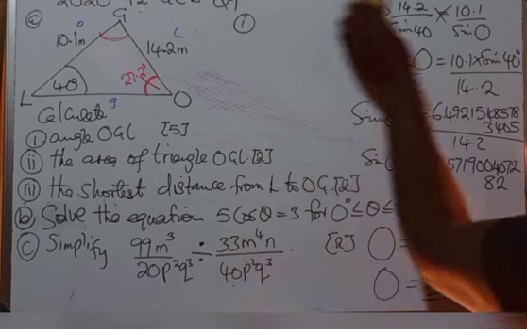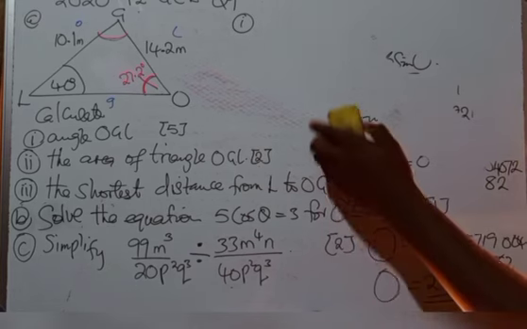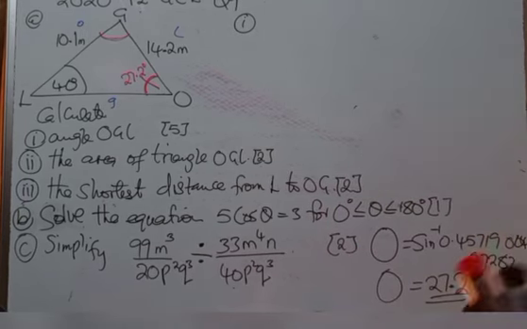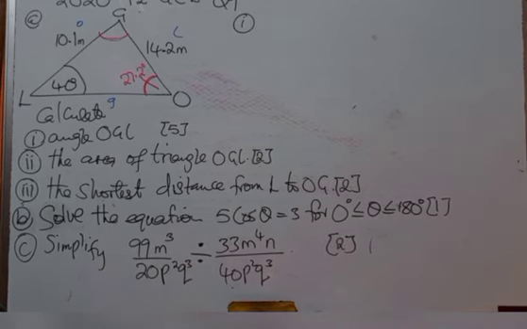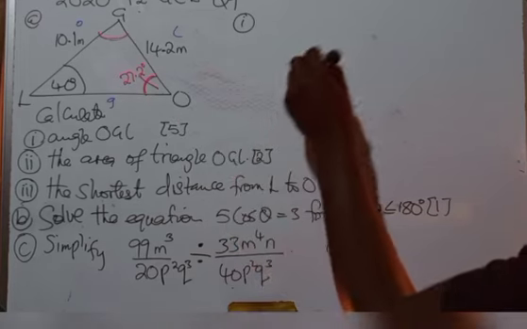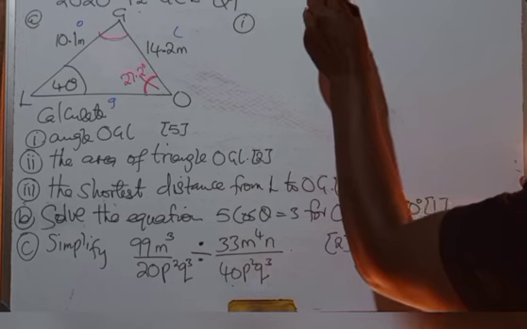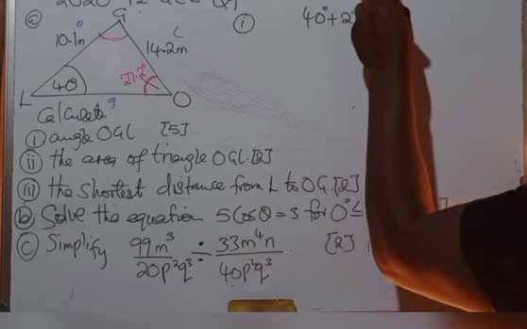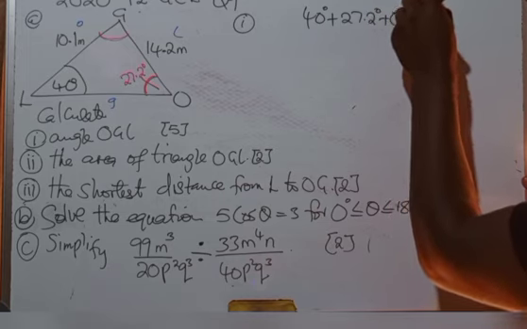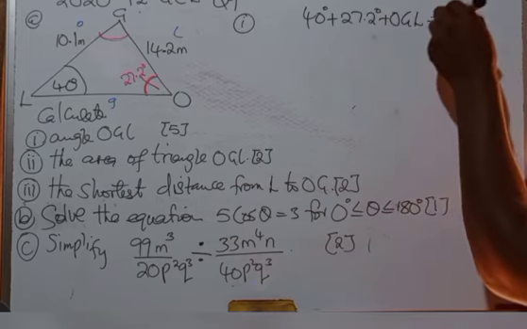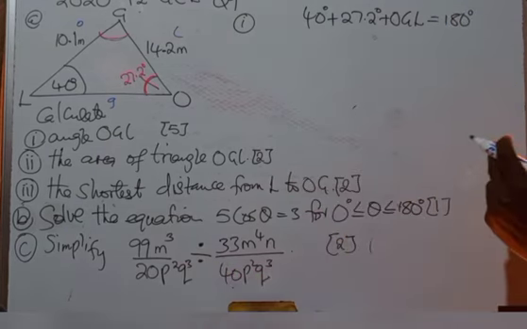So after knowing this one, please show your working. The 5 marks are coming from the working we have just shown here. Then you say 40 degrees plus 27.2 degrees plus OGL is equal to 180 degrees, because if you add all the angles in a triangle, you get 180.